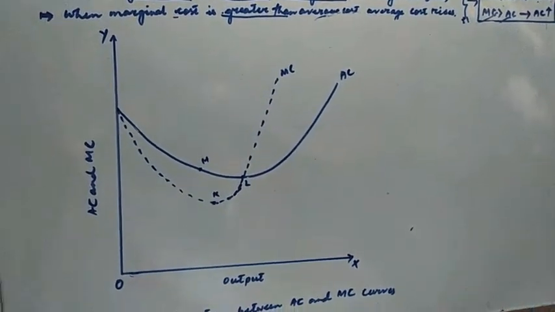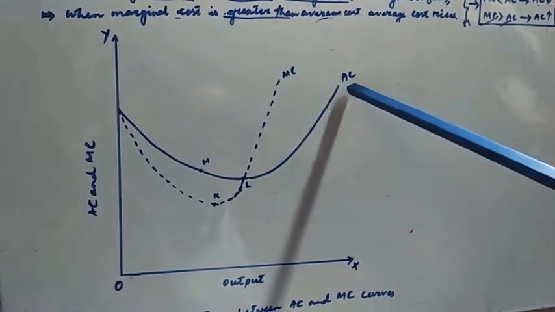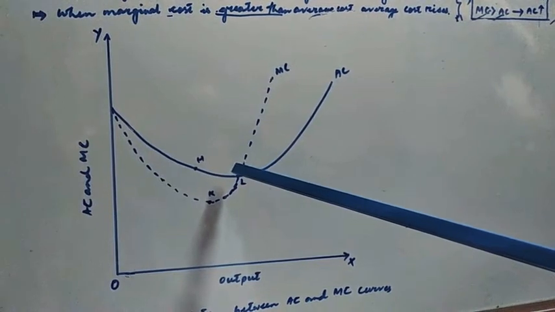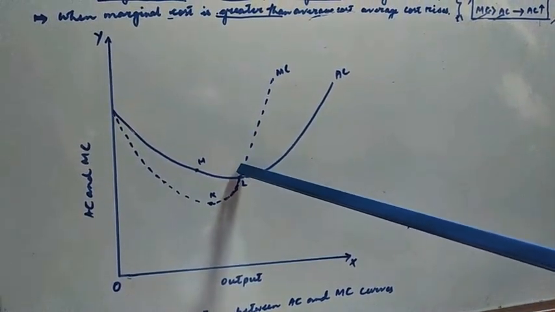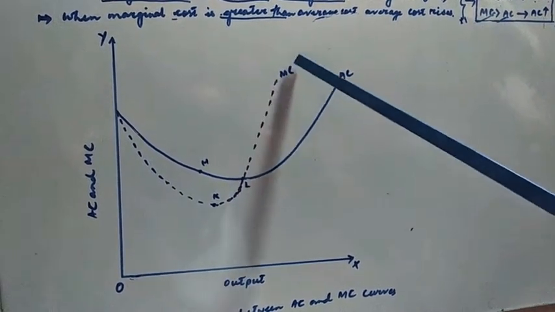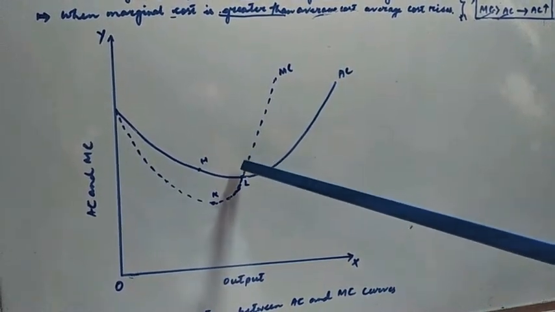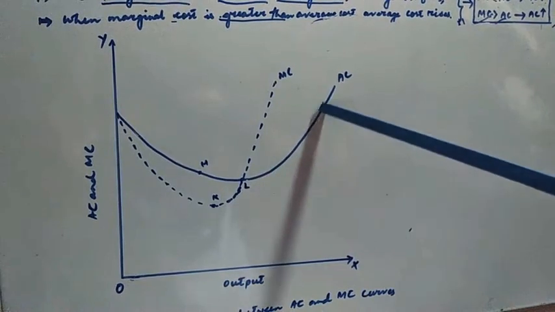So that is the first point, when MC is lying below average cost. The next case is when MC curve is lying above average cost curve. Say from point L, this MC curve is lying above AC curve. What will happen to average cost? Average cost curve begins to rise.